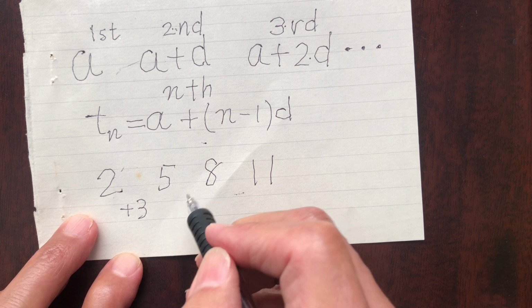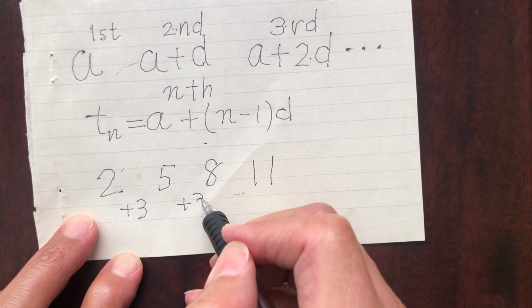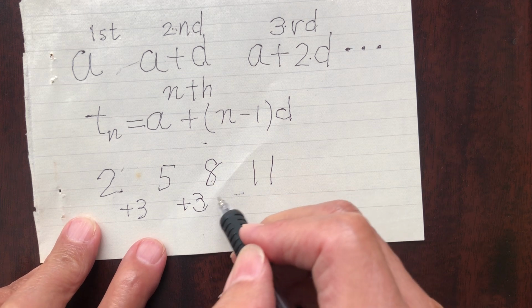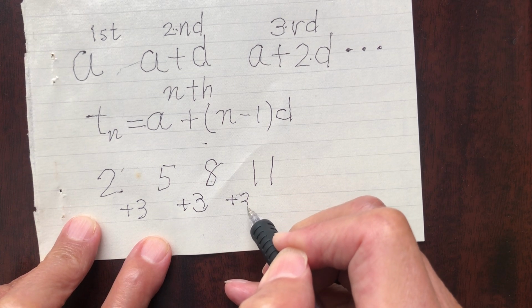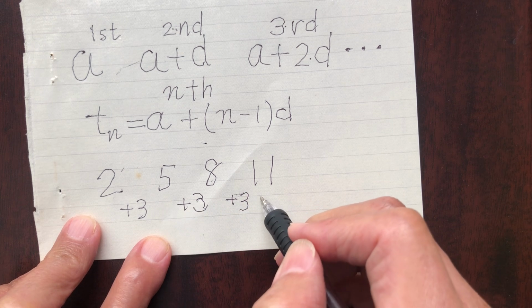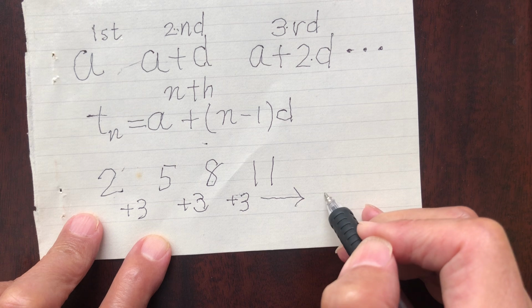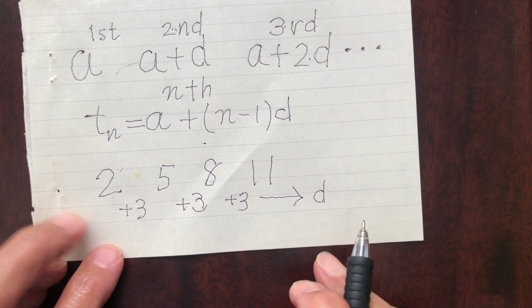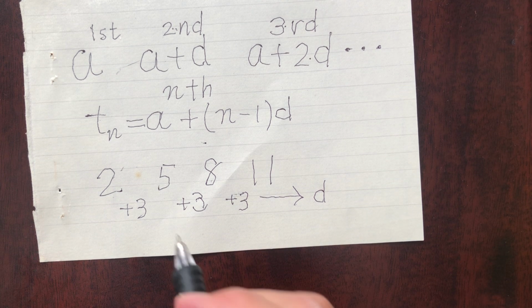From 5 to 8, you again add 3. From 8 to 11, you add 3. Therefore, 3 is called a D now. We give D a name. It's called a common difference.